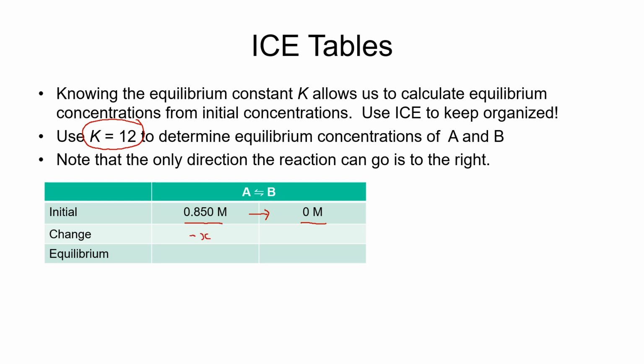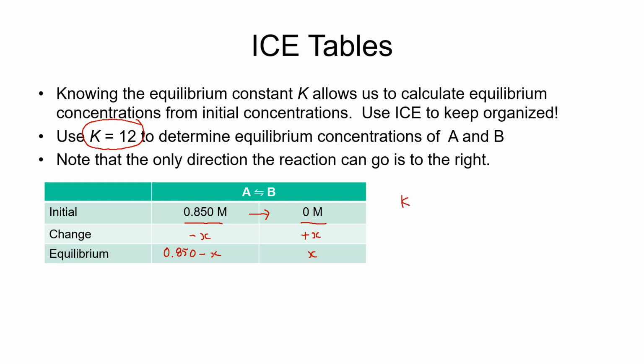You're going to lose from the left-hand side and gain on the right-hand side. This is a nice simple reaction where 1 A turns into 1 B. That means at equilibrium, you're going to have 0.85 minus x, and over here, you're just going to have x. And so you can solve for the equilibrium concentrations using the constant.